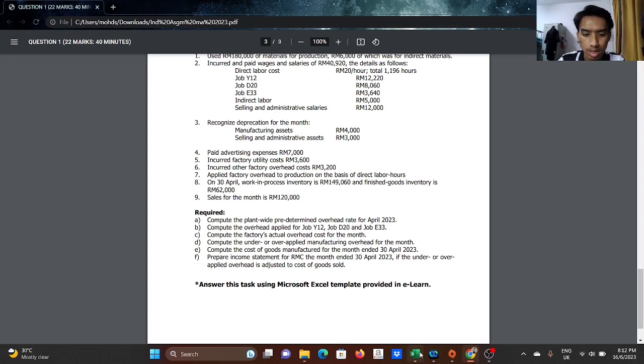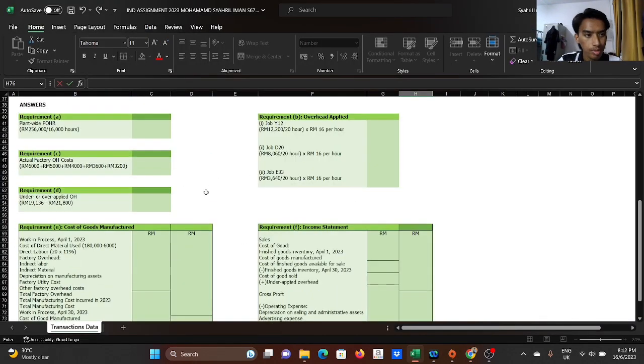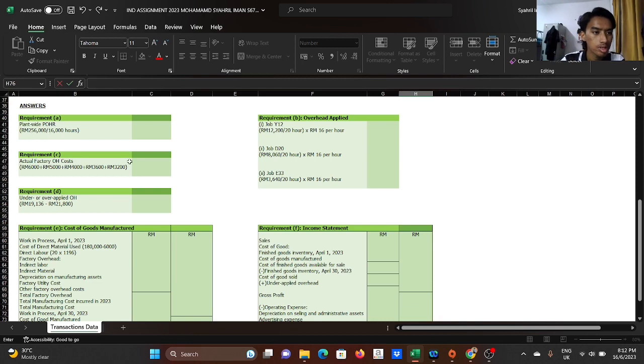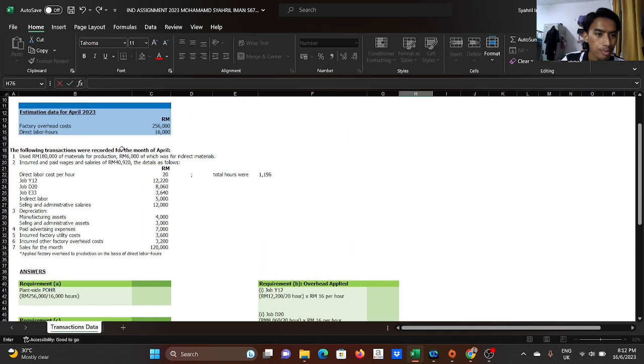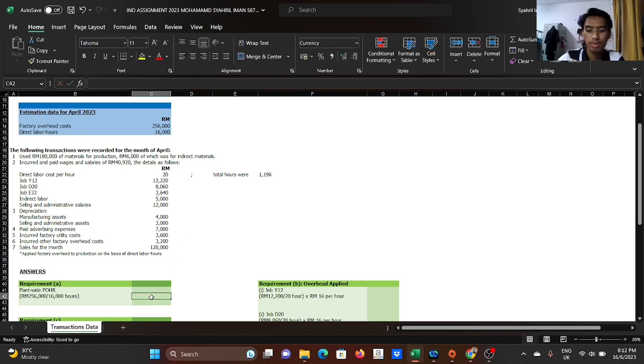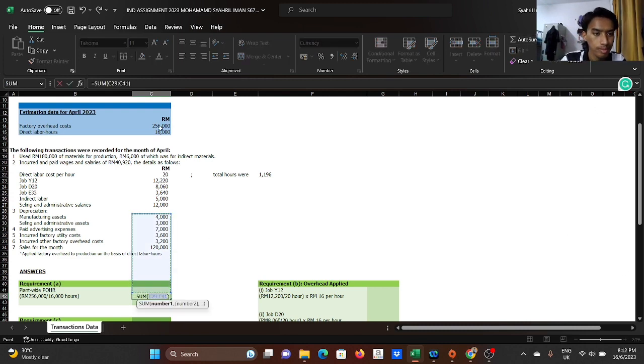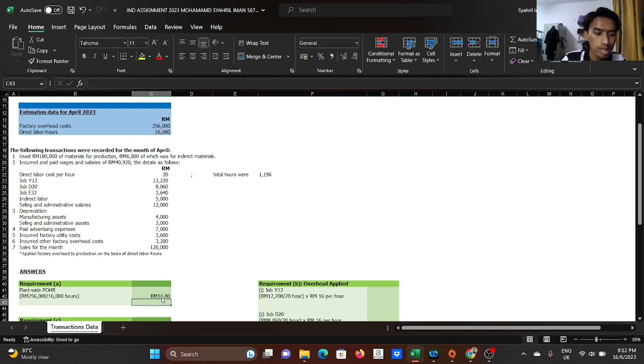For this question, we need to take the factory overhead cost divided by direct labor hours of 16,000. So we will get RM16 per hour.